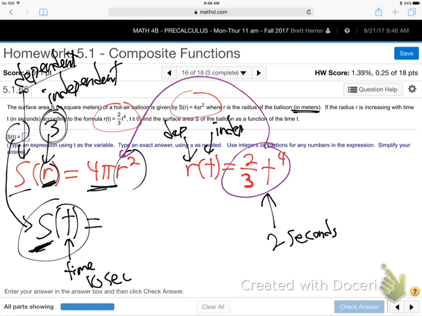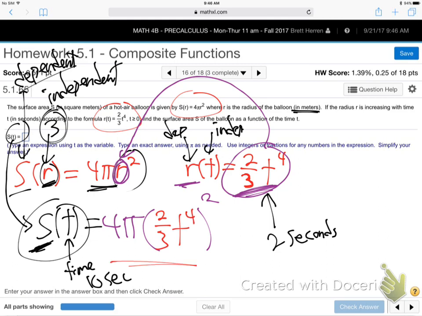Because this is the radius, this is R, so plug it in for R right here. So you get 4 pi R squared, and what is R? 2/3 t to the 4th. Do you see how I get a formula with t? That's what they're asking. Give me an S formula with t.